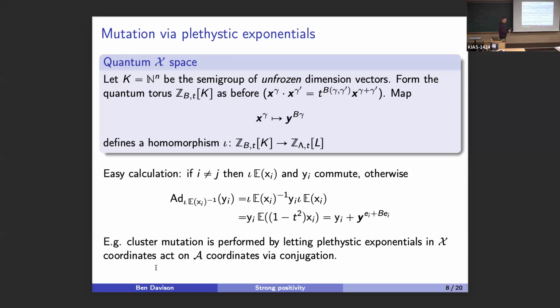And if you take a product of expressions and take the conjugate by it, that's the same as conjugating by them one by one. So you can maybe believe that this is going to be able to recover not just one step cluster mutation, which is kind of boring, but arbitrarily long steps of cluster mutation, which is where all the difficulty lies.